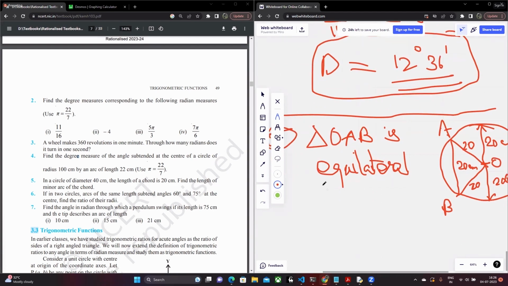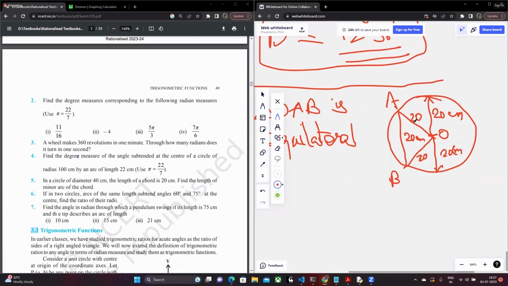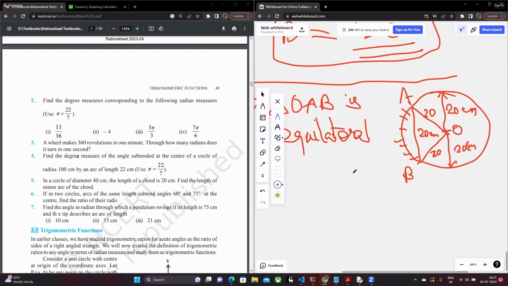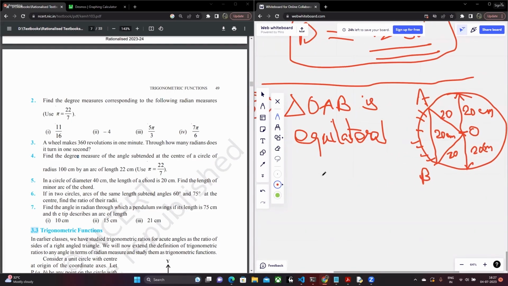Saying this is easy, writing this is hard. All right, whatever. So you're asked to find the length of minor arc of the chord. Remember that the minor arc is going to be this arc. So you're basically asked to find the length of AB.